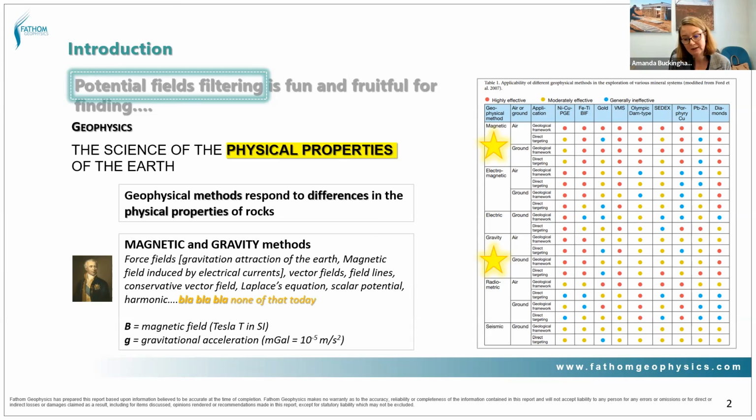And we are fortunate in that the rock types that we are looking at for mineral exploration most often have different densities or magnetic susceptibility. So we can map the changes and we can use those changes to understand both the framework and to look for specific targets that we may want to drill.